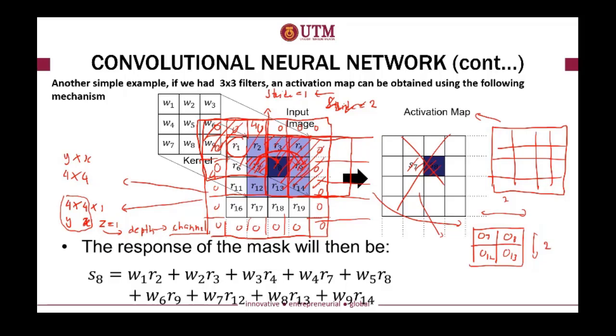If you compute the convolution between this filter and this region, you obtain your O1 over here, because you have a bigger size. So at the end, you get O1, O2, O3, O4, and so on, up until O19 over here. At the end, you can see that the activation map size is maintained at 4x4, which is the same size as your input matrix over here.